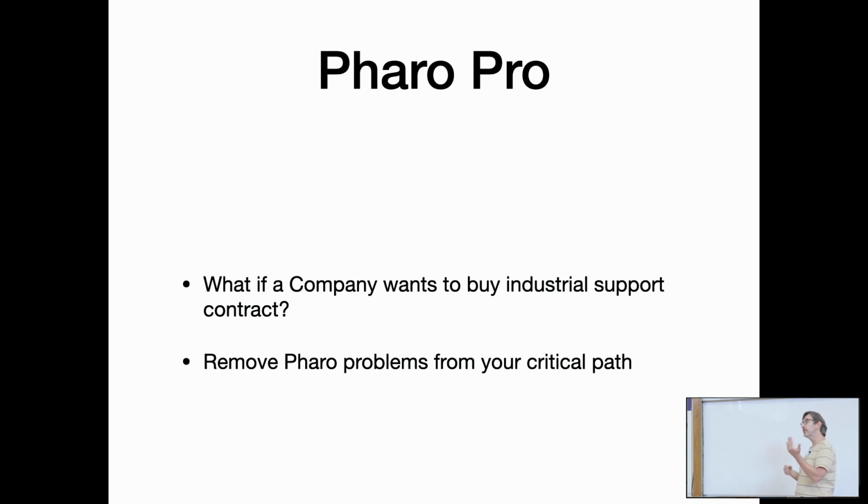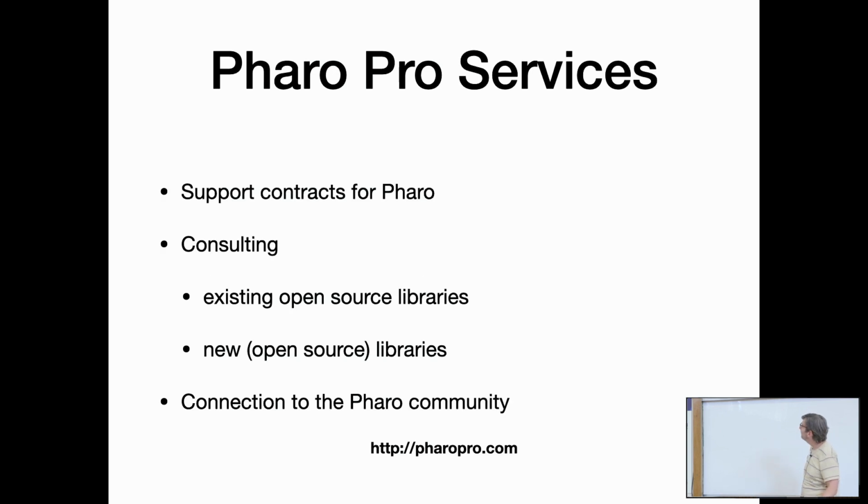And on top, there are consulting contracts, where Pharo Pro tries not only to care about the Pharo image and the VM, because that's the language, but a product actually uses an environment. So it uses more components. Most of them are databases, web servers, whatever you call it. I mean, it's a software component.